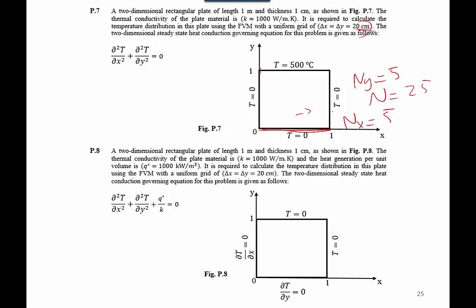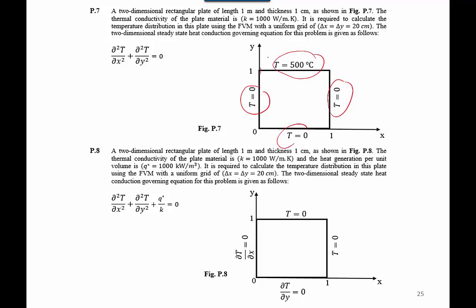That means we will end with a general matrix system which has 25 algebraic equations with 25 unknowns, and this differential equation is given and we have to solve it and find the 25 variables of this plate. Again, with the boundary conditions, all the edges have a 0 temperature except the north face.